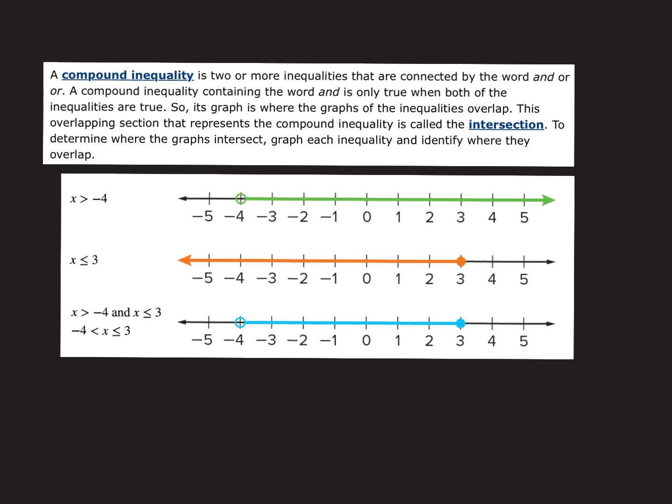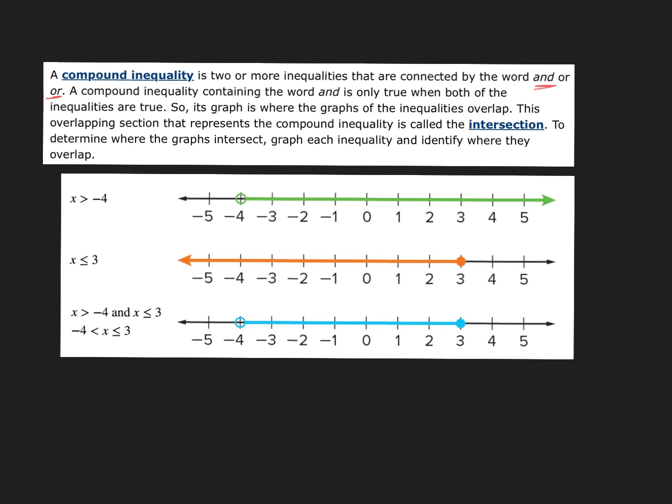A compound inequality is two or more inequalities that are connected by the word and, that's very important, the word and, or the word or. Just like a compound sentence is, I went to the store and I bought milk.